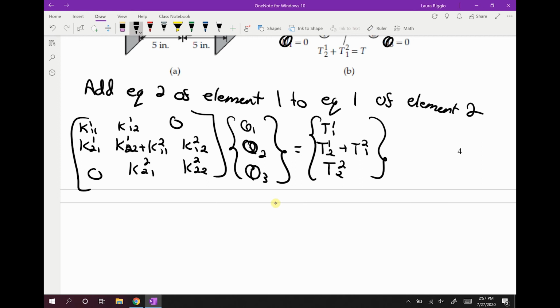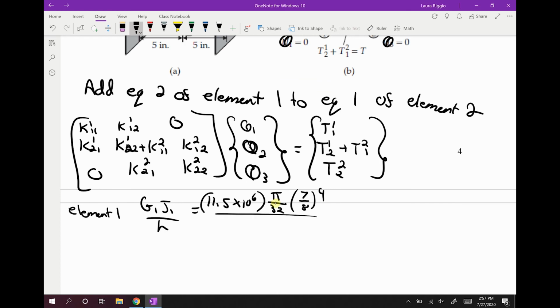Now, for element 1, G1 J1 over h is 11.5 times 10 to the 6 times pi over 32 times 7/8 to the 4th over 5, which is 132.483 times 10 to the 3.